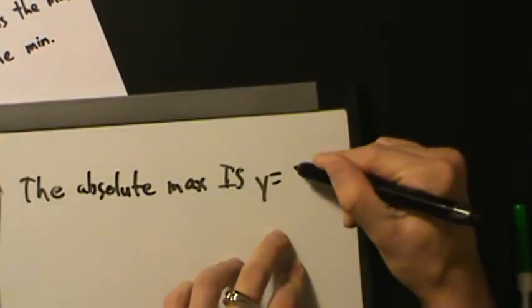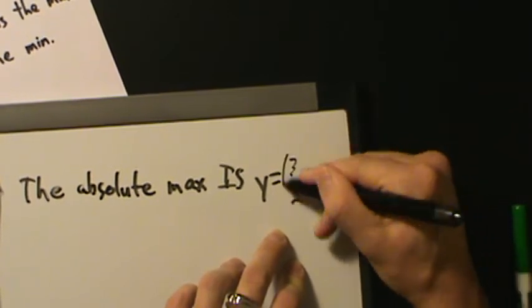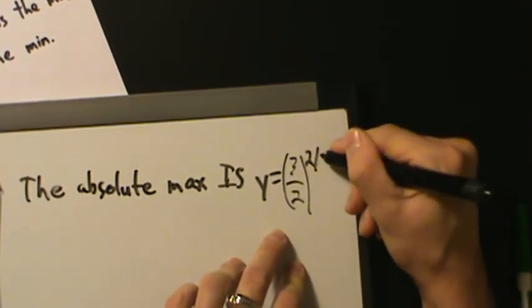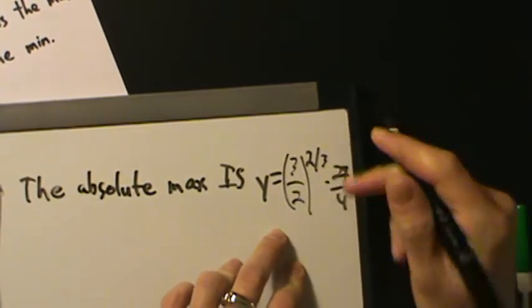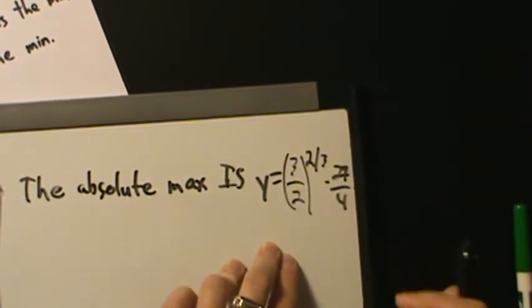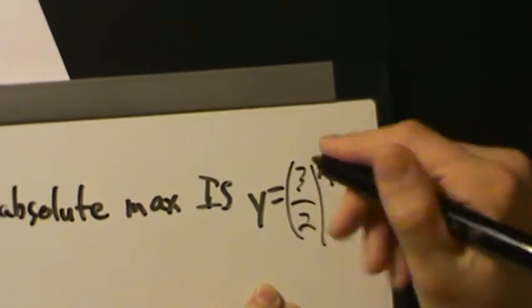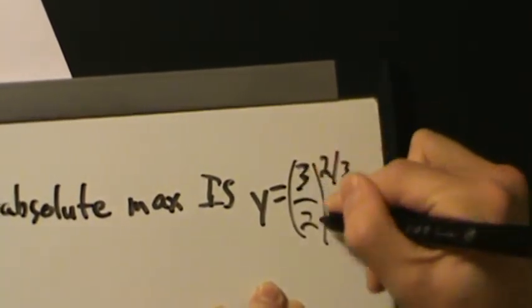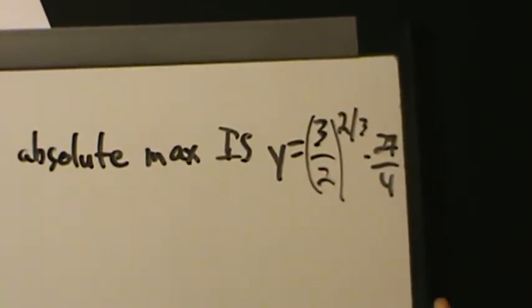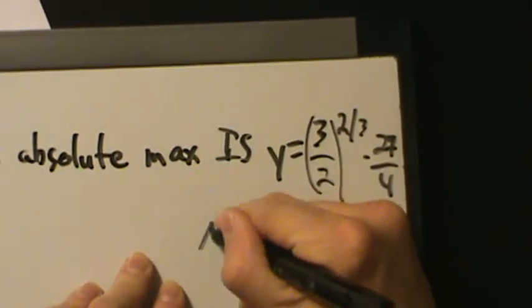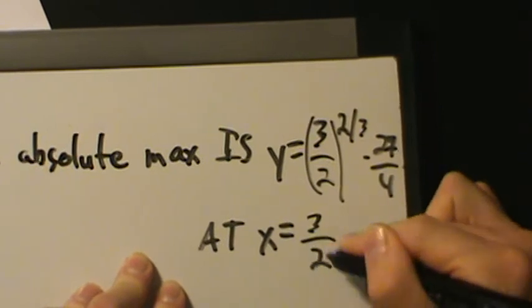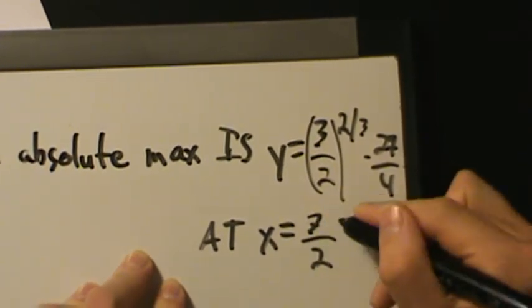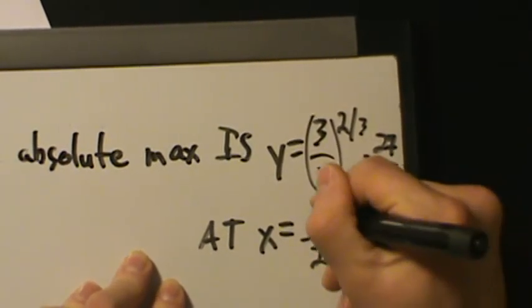So it is y equals 3 halves to the 2/3 times 27 over 4. Sorry, kind of cramped in there. I might have to get a new marker soon. The absolute max is y equals this at x equals 3 halves. So that's our absolute max, and that's supposed to be a 3.